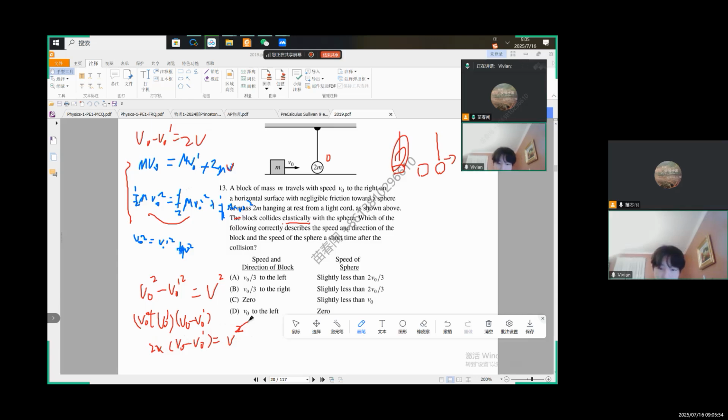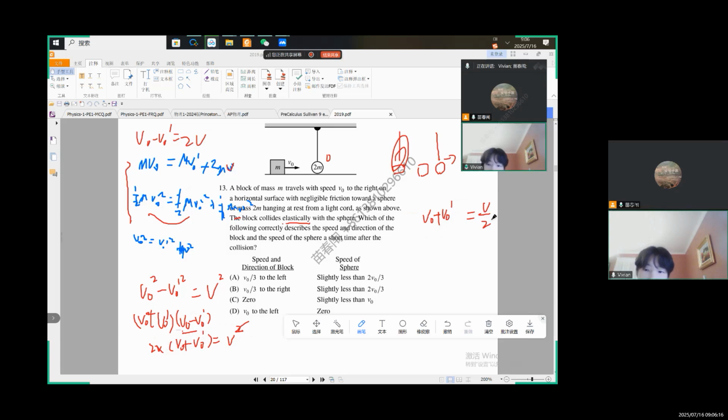And so I know V0 minus V0 prime, wait, let me think, which one is it? Oh, this one is too big. This one plus that would be V over 2, right?